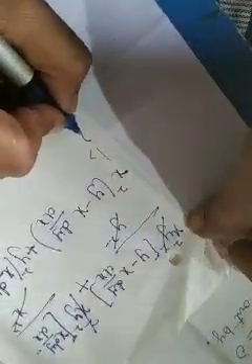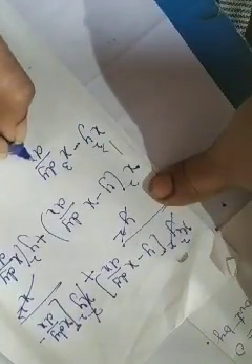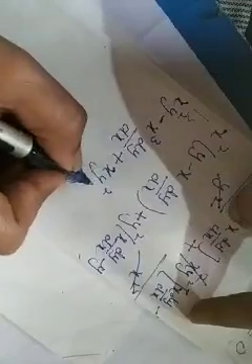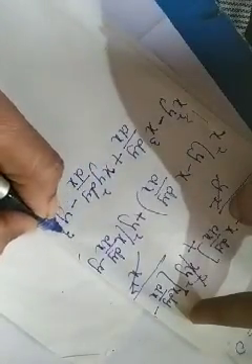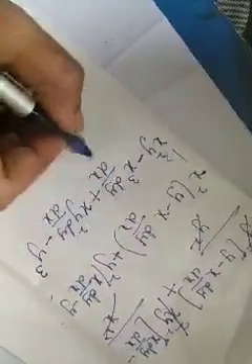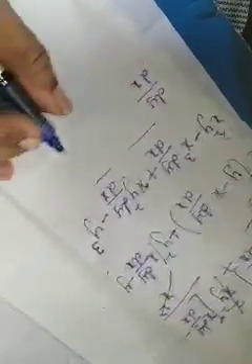If you multiply, it becomes x square y minus x cube into dy by dx plus xy square into dy by dx minus y cube. Separate the dy by dx. Take out the dy by dx as common.